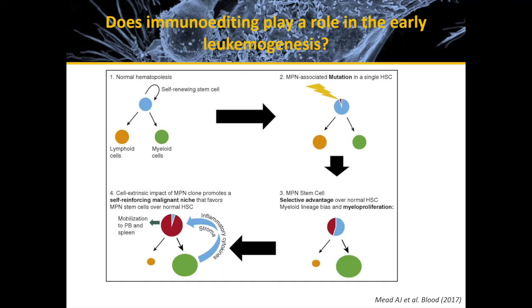And the aim of our research project was to explore the hypothesis for a possible role of HLA class I in immune editing that occurs in the early stages, at the stage of mutated hematopoietic stem cells.